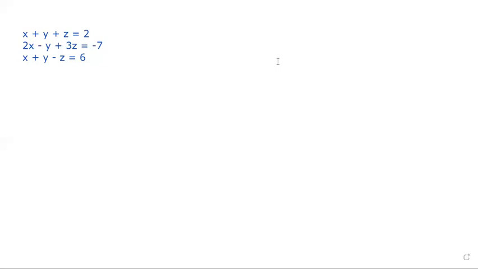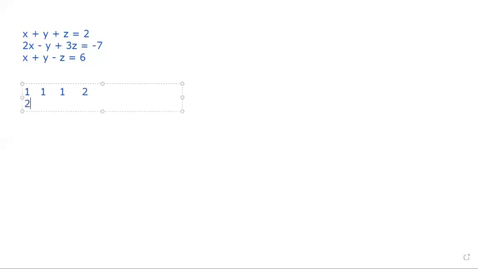So here we have x plus y plus z is equal to 2. 2x minus y plus 3z is equal to negative 7. And x plus y minus z is equal to 6. So the first thing we want to do here, we want to write what's called an augmented matrix.